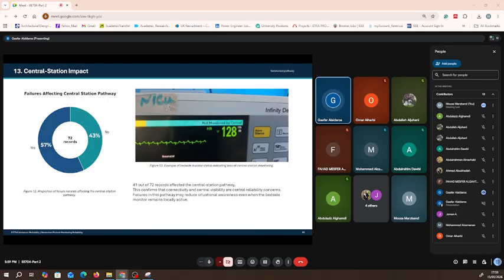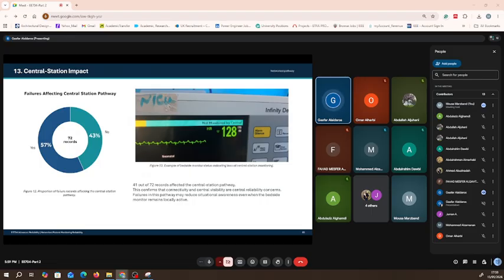This slide focuses on the central station pathway. In the data set, 41 out of 72 failure records affected the central station pathway. This result is significant because it confirms that the central station is not a minor add-on. It is a critical part of monitoring reliability, and critical care staff often rely on a central station to observe multiple patients and respond to alarms.